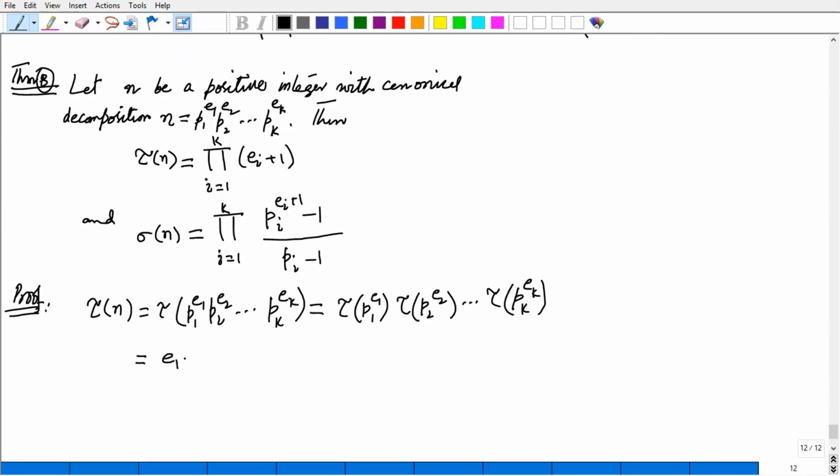So we can write e1 plus 1 as the result of the first tau, e2 plus 1 as the result of the second, till ek plus 1 for the last one. Because we have a product here, we can use the capital pi for product and write the product over i from 1 to k of ei plus 1.